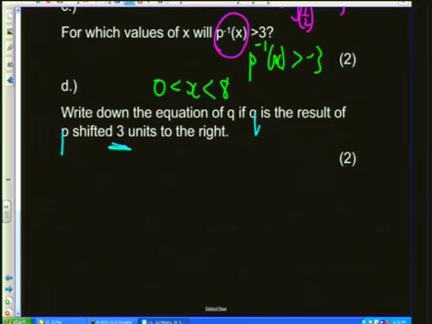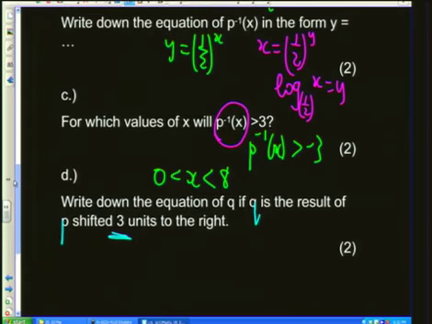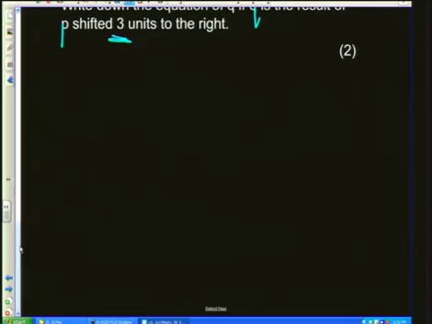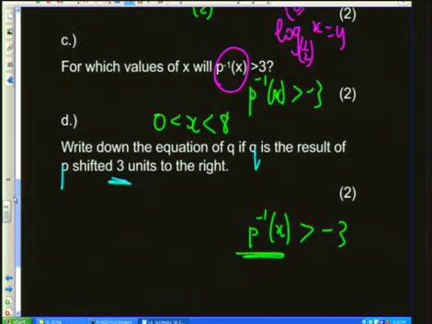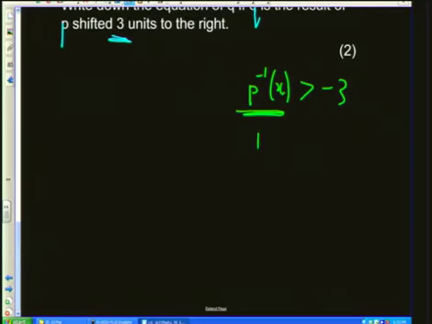Now, I know some of you will be tempted to do it algebraically. Then your p to the minus 1 of x, we've worked it out. So it is p minus 1 of x is greater than negative 3. Now, watch, your p to the minus 1 of x is this graph, which is log x base half. So we've got log x base half, okay, greater than minus 3.